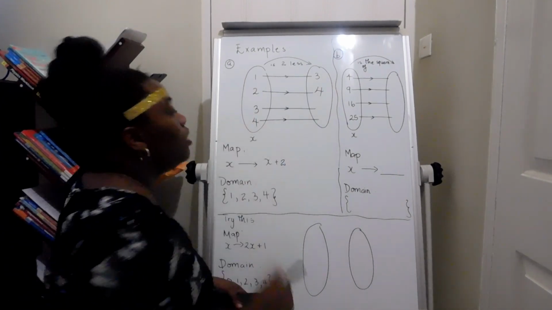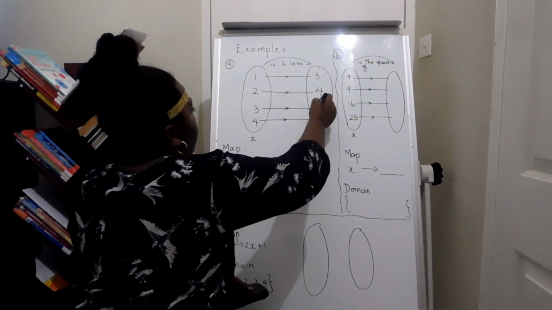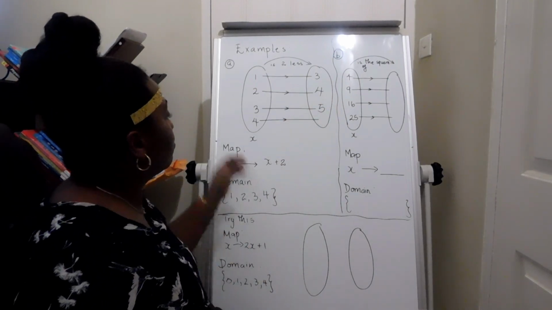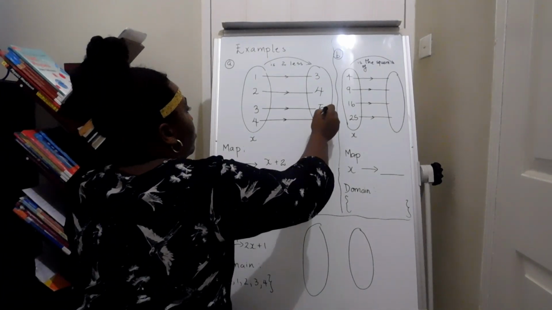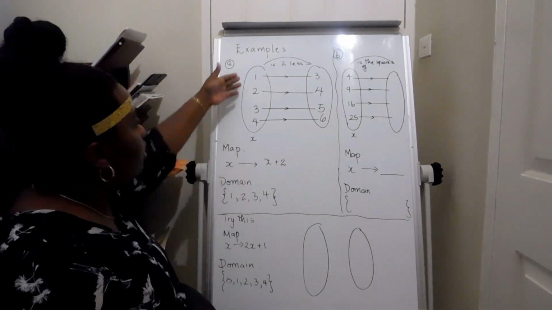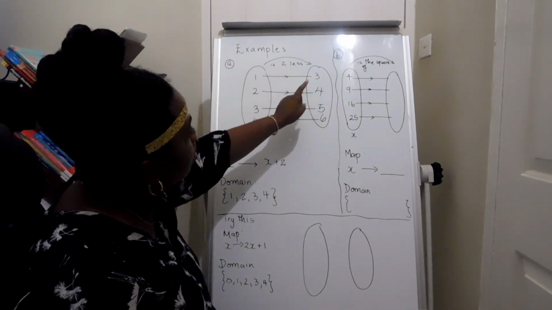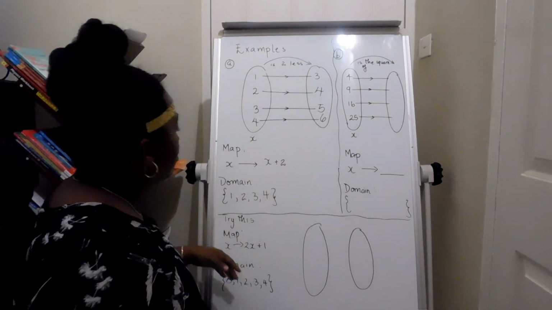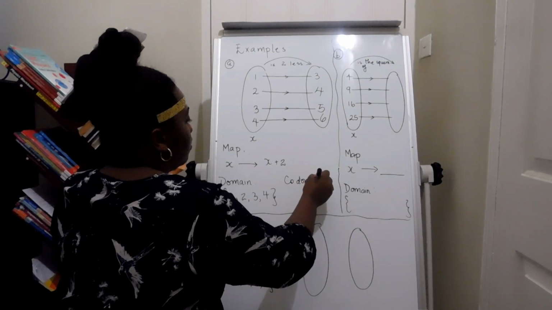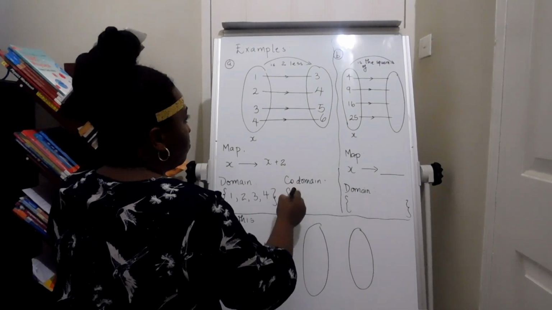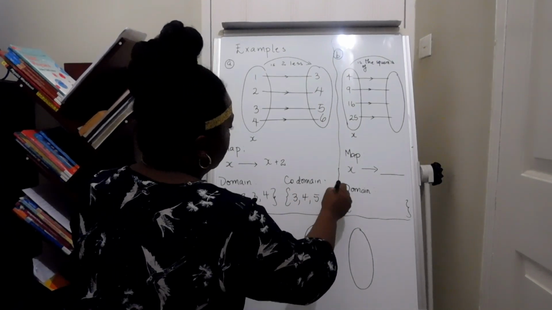If x is 3 and you add 2, what's that going to be? 5. And if x is 4 and you add 2 to it? 6. Good job. So in this case, the domain is 1, 2, 3, 4, and you're mapping it to the images 3, 4, 5, and 6. That is your codomain. If you had to write the codomain in this fashion, it's just 3, 4, 5, and 6.